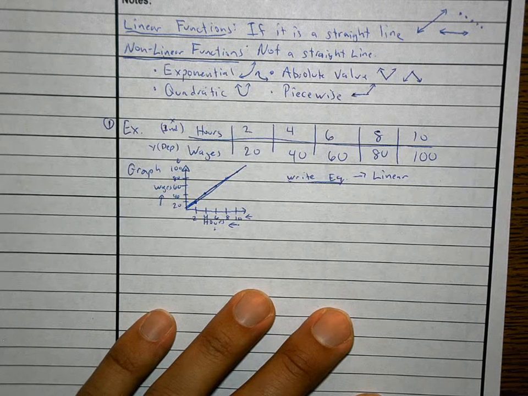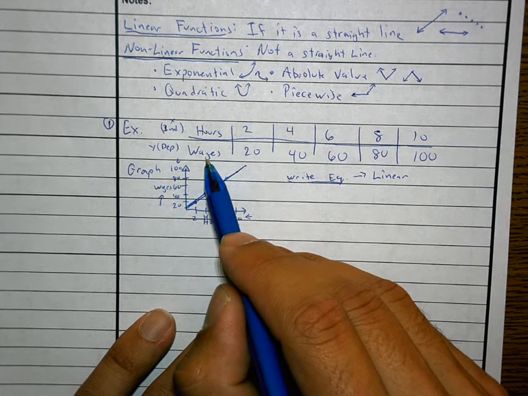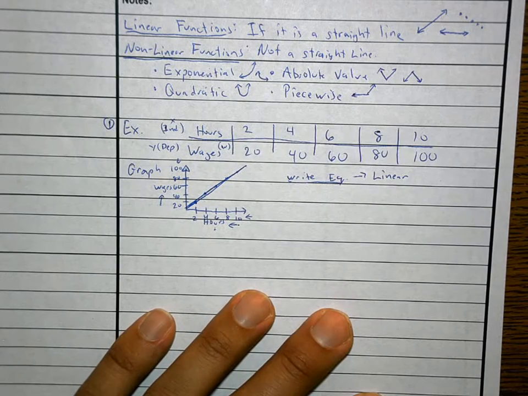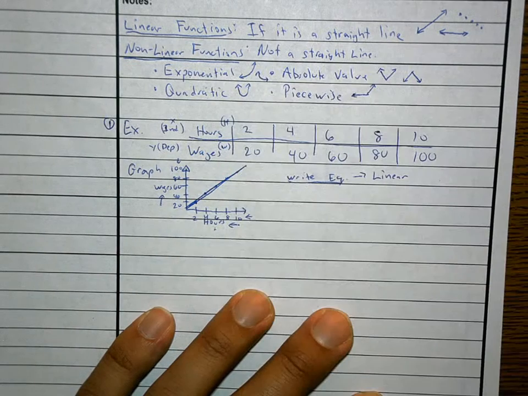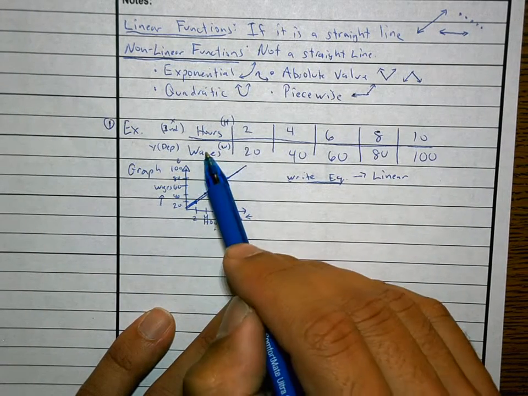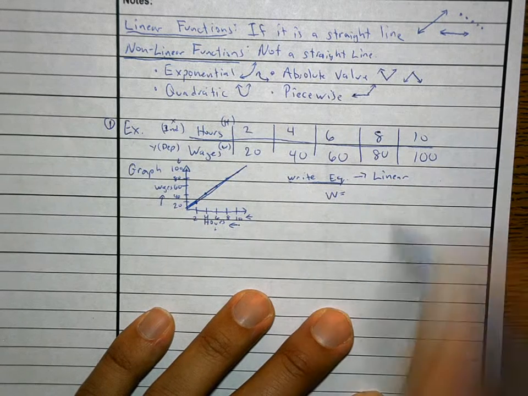I want you to use variables that make sense in this situation. What should we use for wages? Agreed. What should we use for hours? H. So I want you to write this in terms of W and H. And you told me that wages depend on hours, so I should have a W is equal to something.